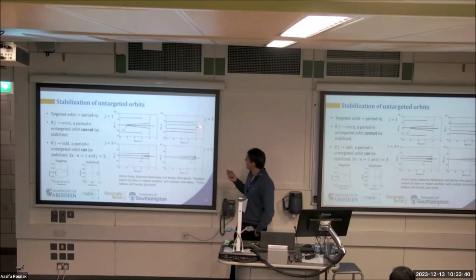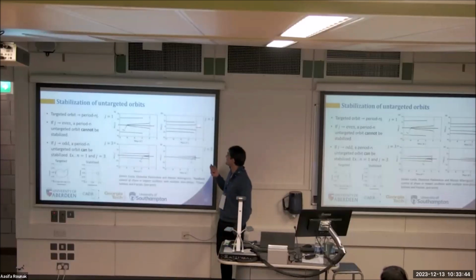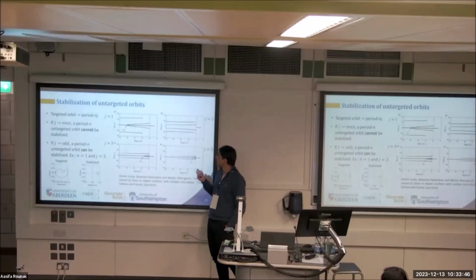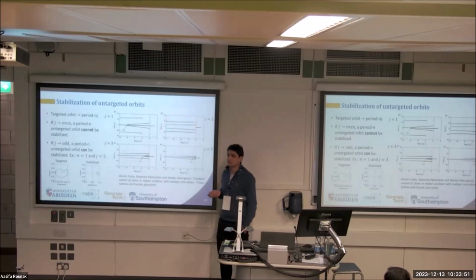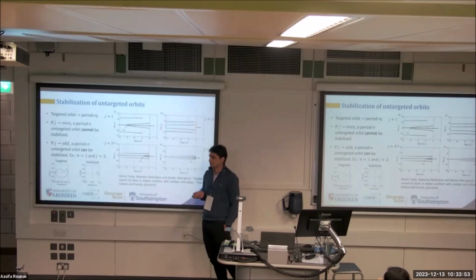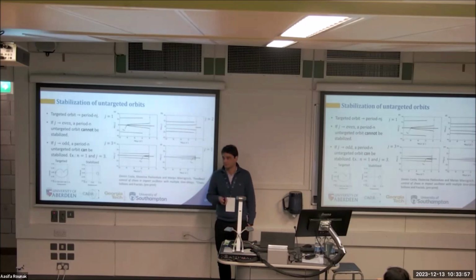And this barrier doesn't let your leading flow exponent pass through to the positive side. So you cannot stabilize. For example, if you're aiming for period 2, you will never stabilize a period 1. However, if you're aiming for period 3, you can stabilize a period 1.